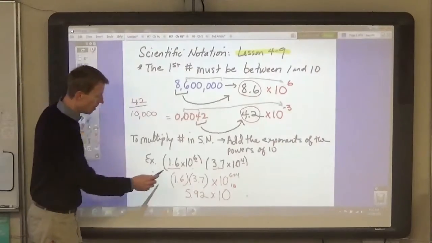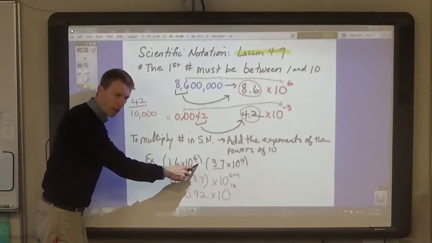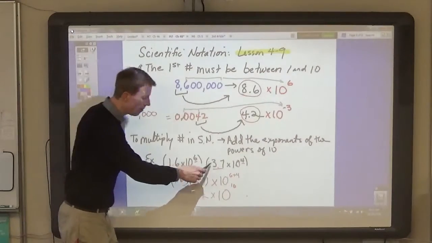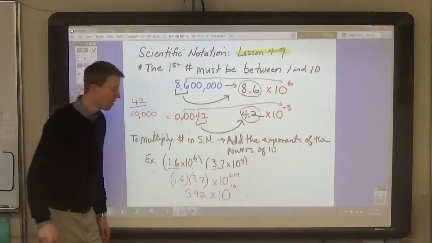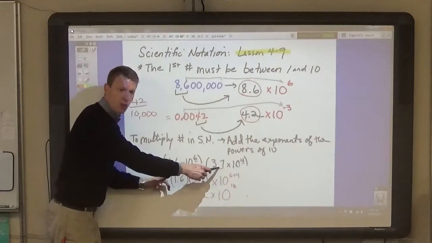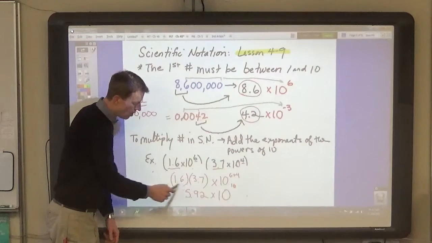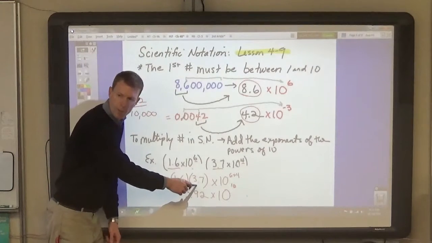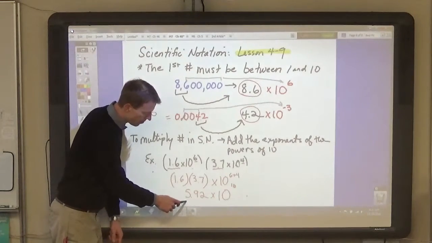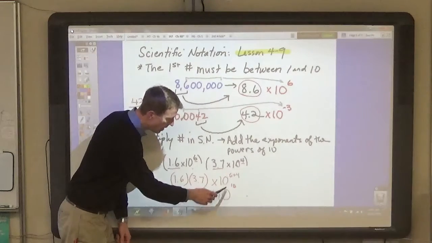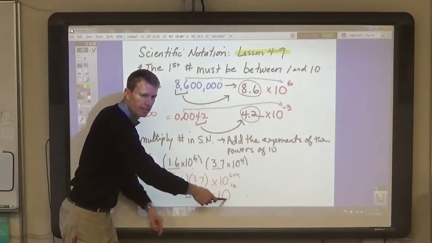So, if you're multiplying 1.6 times 10 to the 6th power times 3.7 times 10 to the 4th power, then you would multiply these two numbers, 1.6 times 3.7, and get this answer. And then it's 10 to the 10th power, because 6 plus 4 is 10.